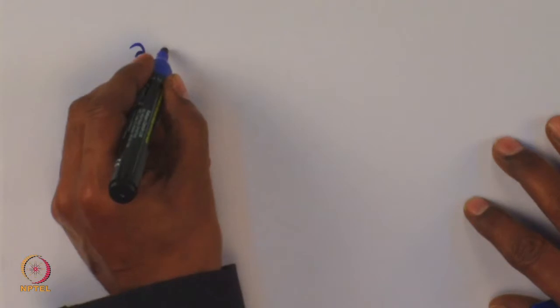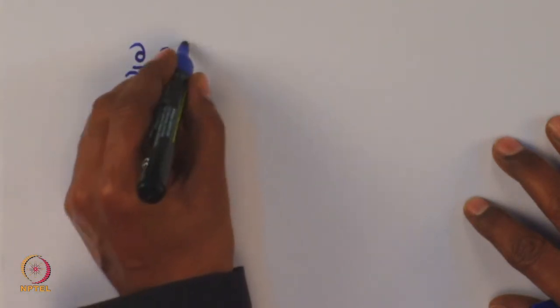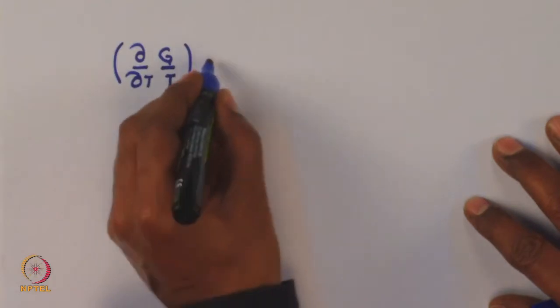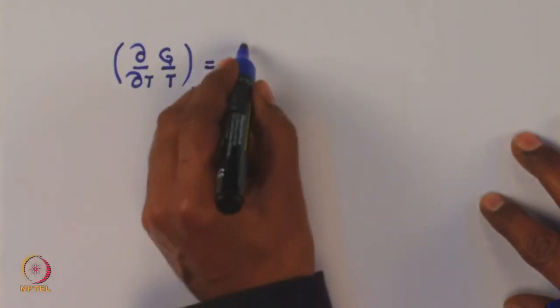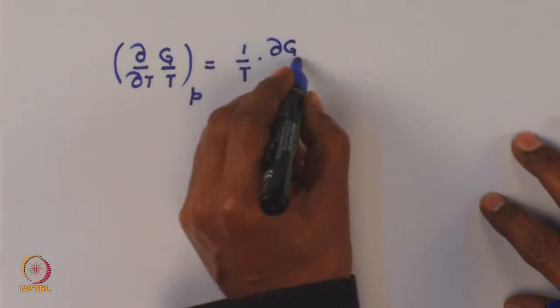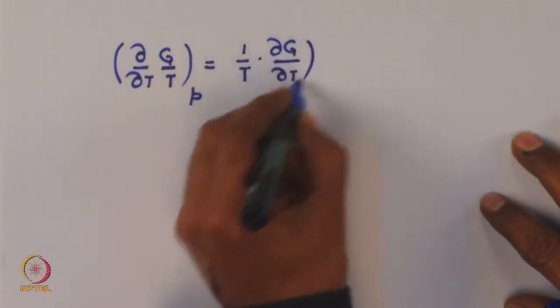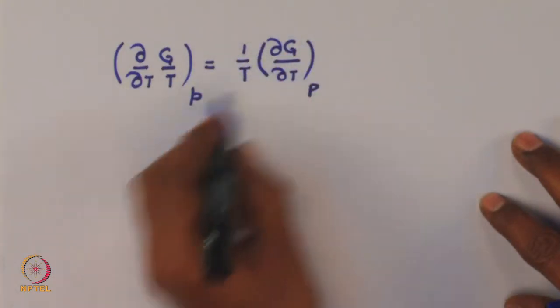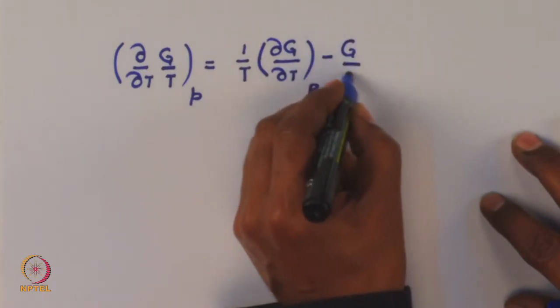I will begin with a relation which I have discussed earlier, but it is important to revisit that here again. If I consider the temperature derivative of G by T at constant pressure, this is equal to 1 by T into derivative of G with respect to T at constant pressure minus G by T square.